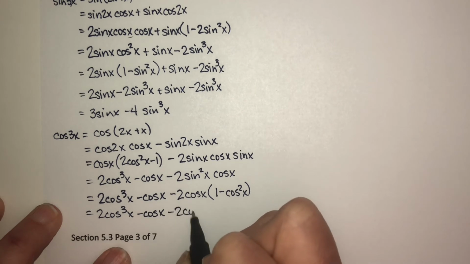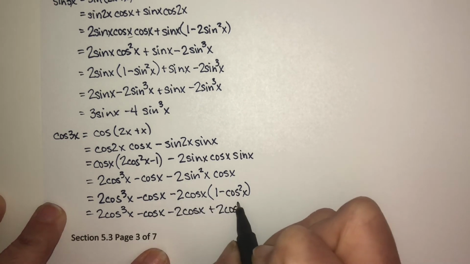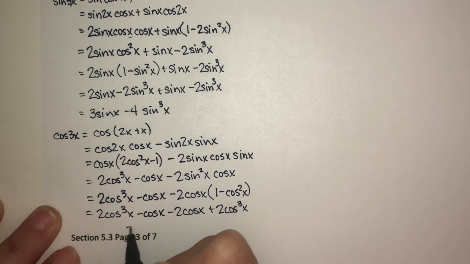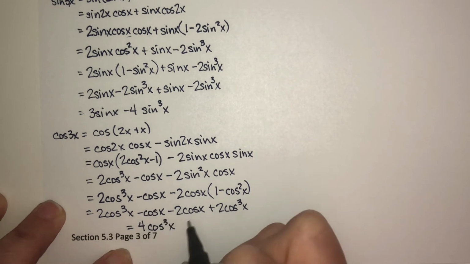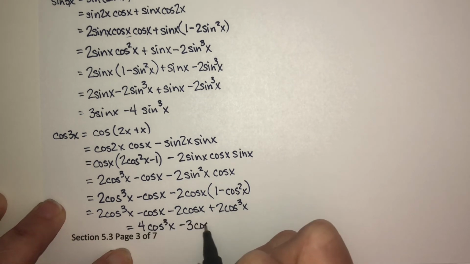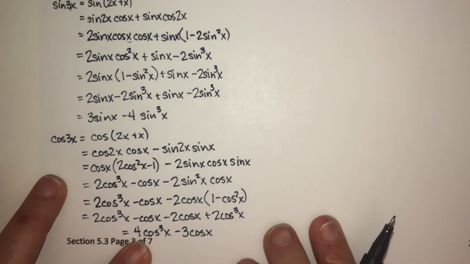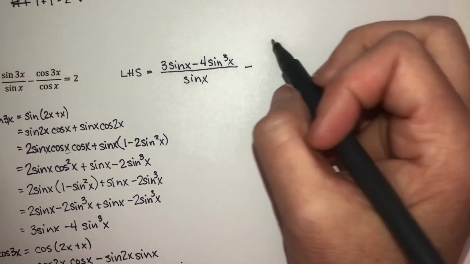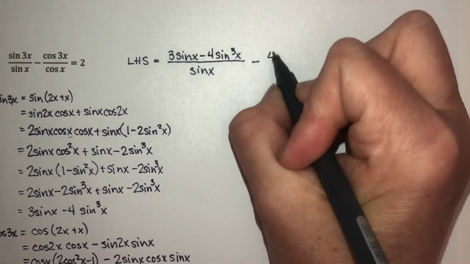Minus 2 cosine x plus 2 cosine cubed of x, and now combine like terms, and I have 4 cosine cubed of x minus 3 cosine x. Okay, now I'm going to take this and write it as cosine of 3x.